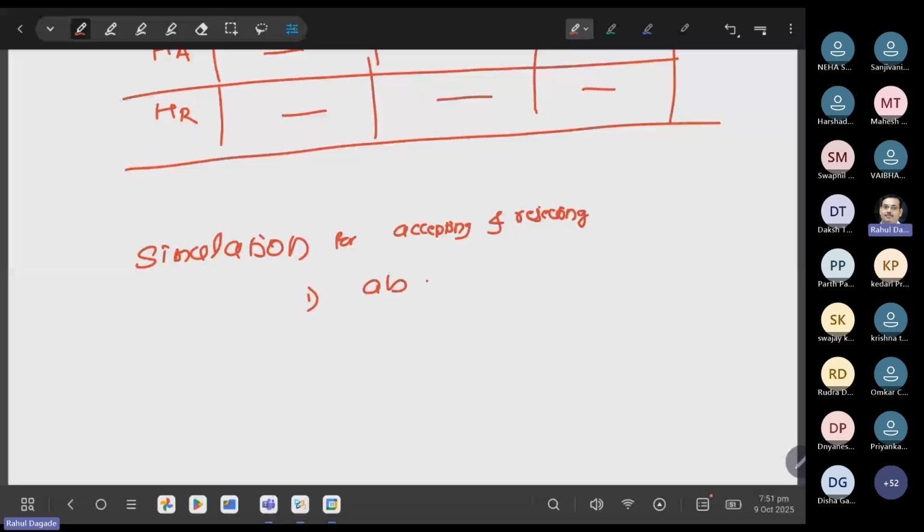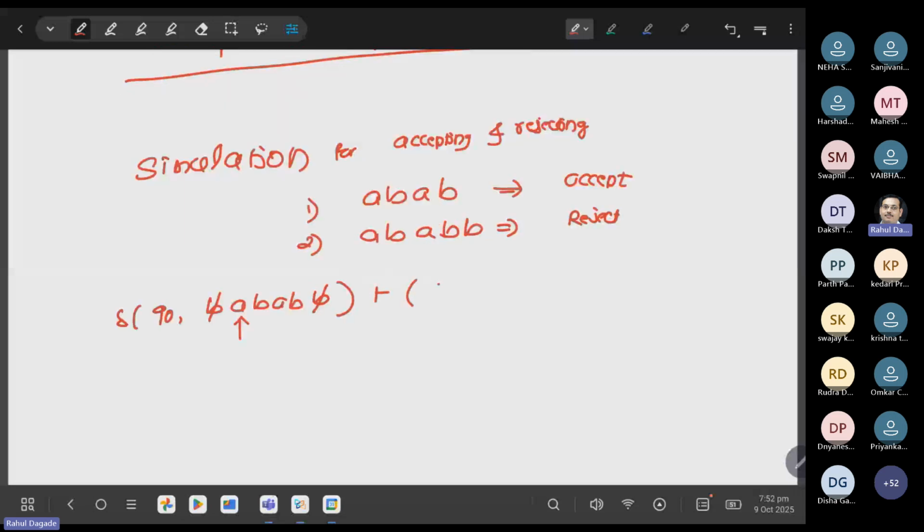Okay, so show it with the help of transition function delta Q0. So input is blank, AB, AB, blank, and pointer is here. So what is Q0 for A doing? It is going to the Q1 state and moving pointer to the right. AB, so here it is pointer AB blank.